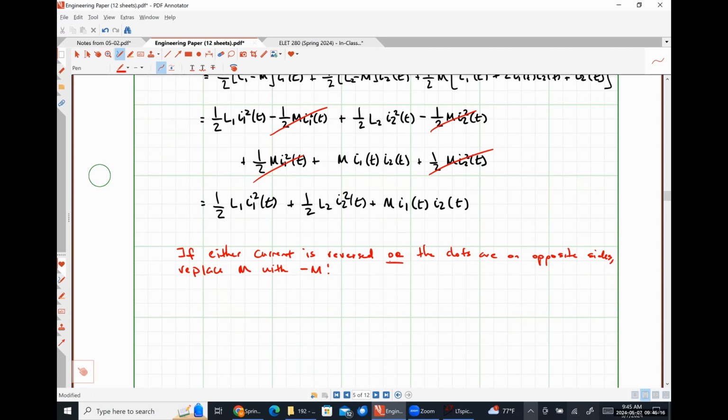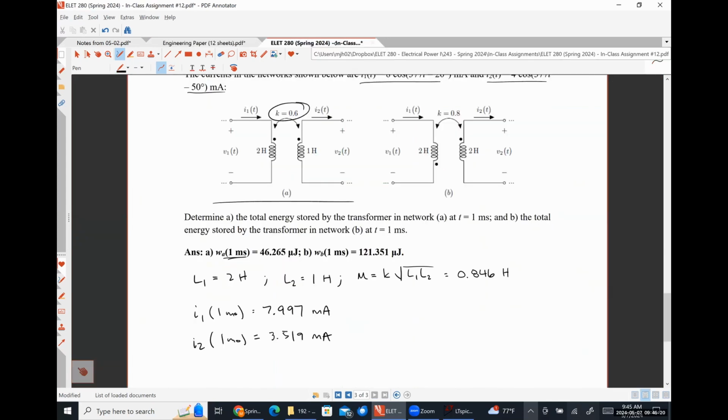So let's look at things here. I2 is reversed. Oh, sorry. So we need to replace everywhere we had M with negative M. That's it.